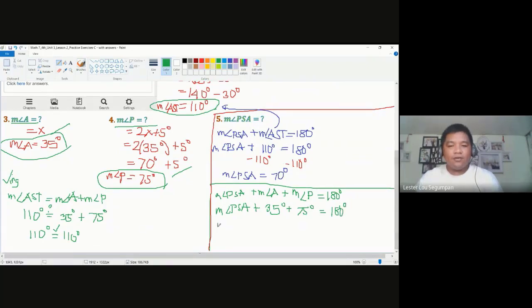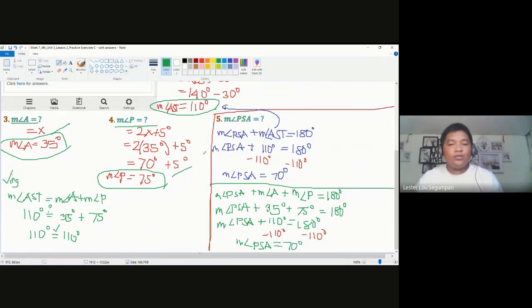Then 35 plus 75 is 110 degrees, plus PSA equals 180 degrees. Similar to earlier, we will subtract 110 from both sides. So finally, we will get the measurement of angle PSA to be equal to 70 degrees still.